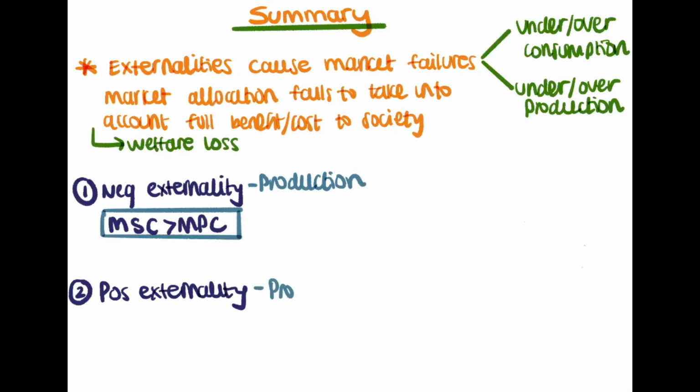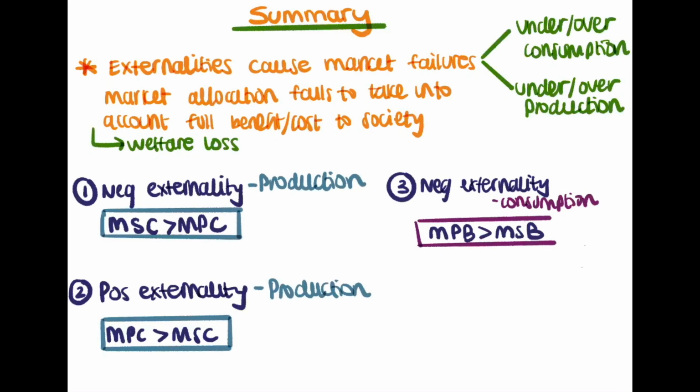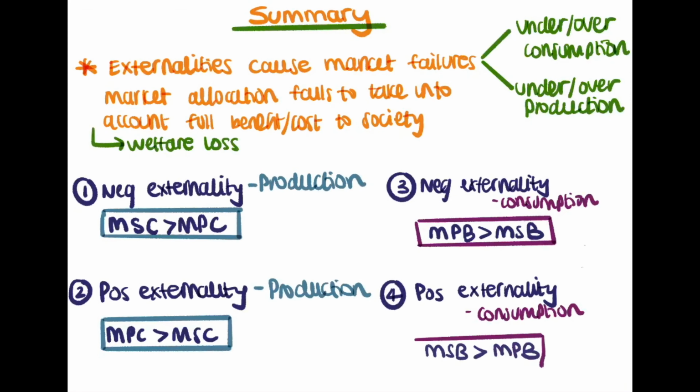In contrast, for positive externalities in production, the private cost exceeds the social cost. For negative externalities in consumption, the marginal private benefit exceeds the marginal social benefit. And for positive externalities in consumption, the marginal social benefit exceeds the marginal private benefit.